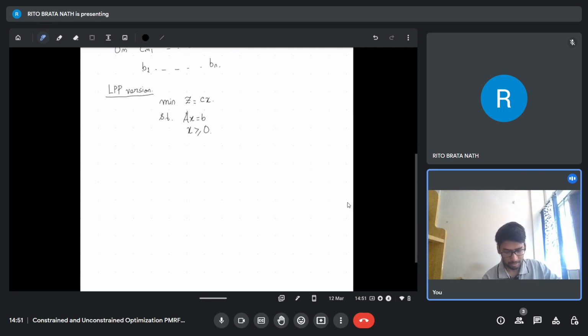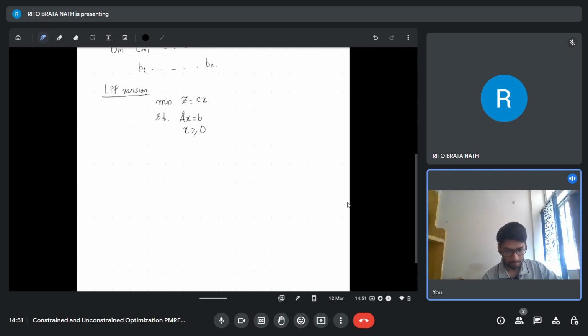Now the problem asks you the number of variables involved in the above LPP. If you notice, there are just the allocations that you have to make here, right? So find the number of variables involved in the LPP.